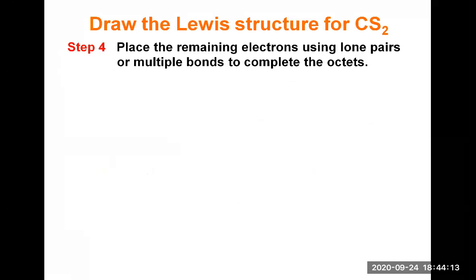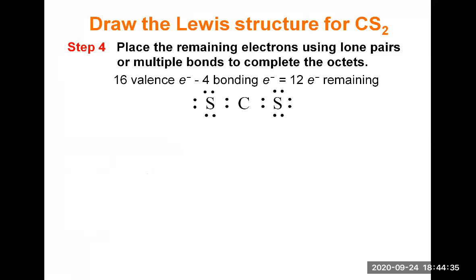So we had 16 valence electrons to start with, and we used 4 electrons by doing those 2 single bonds. So that's 12 electrons remaining. So 12 electrons that will be used to do lone pairs on the sulfur first. So each sulfur needs 6 electrons, so 3 lone pairs each, so that they get an octet, right?